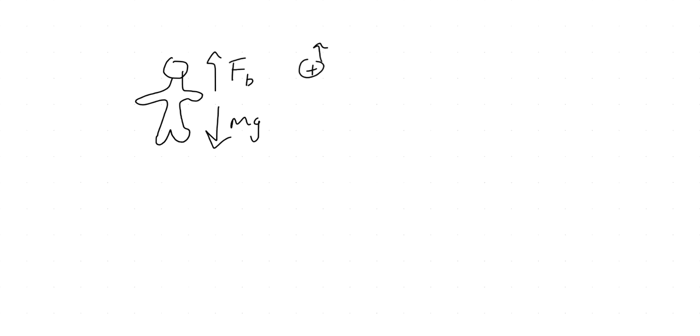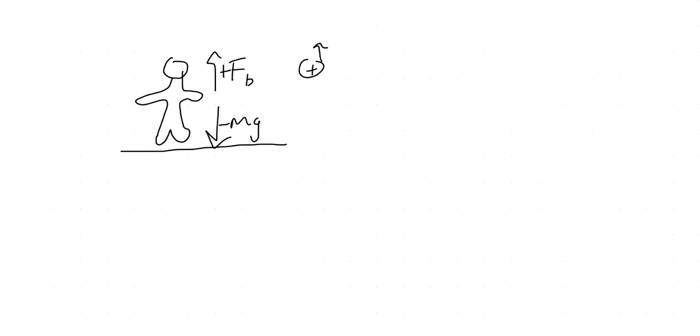Ready? It's my person. There's two forces. mg pointing down, F B pointing up. I'm going to declare up to be positive, but I don't know which one, where it's going to move. I'm just going to say up is positive just for fun. But that's a choice. I could make down positive, but I'm going to choose up. Great. So I've drawn my forces.